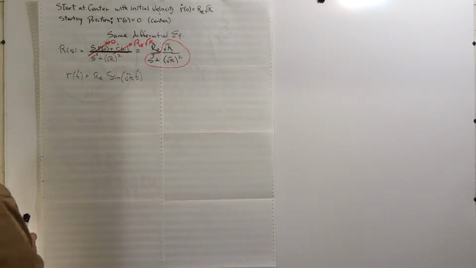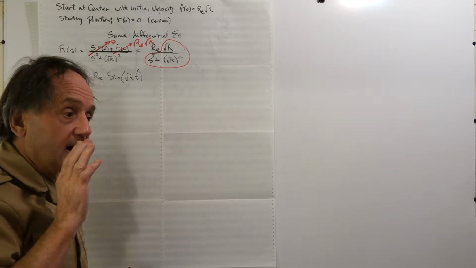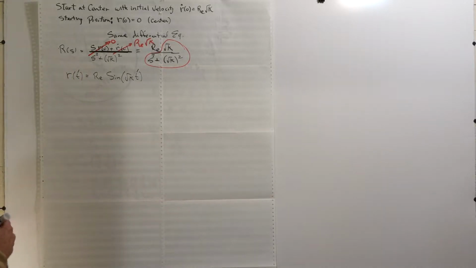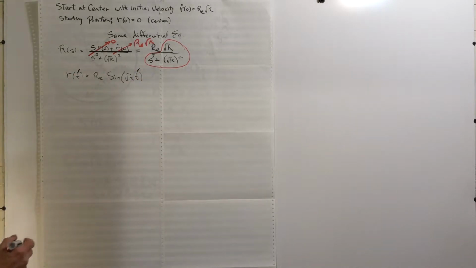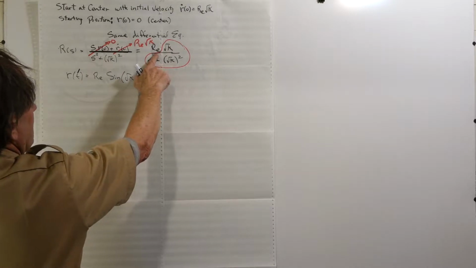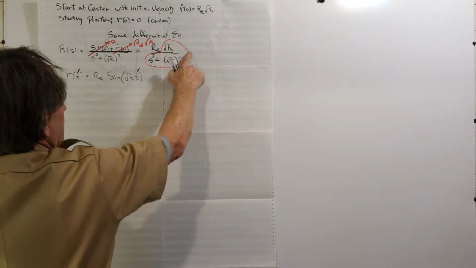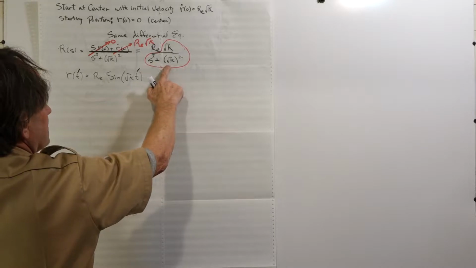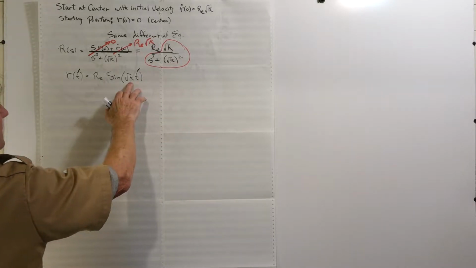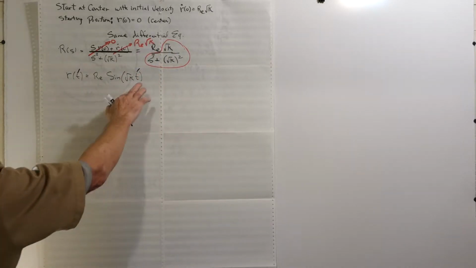So what we're going to do now is transform back into the time domain. Now we're starting our time clock at the center, so the time is different. We'll call this t primed. We're starting at the center. So we have t primed, and the coefficient here is the radius of the Earth. Like I mentioned, the inverse transform of square root of k over s squared plus square root of k squared is a sine of square root of k times the time in the time domain.